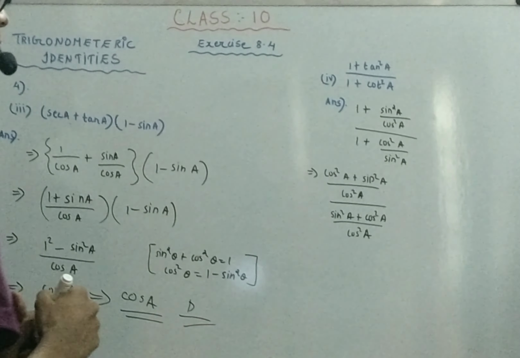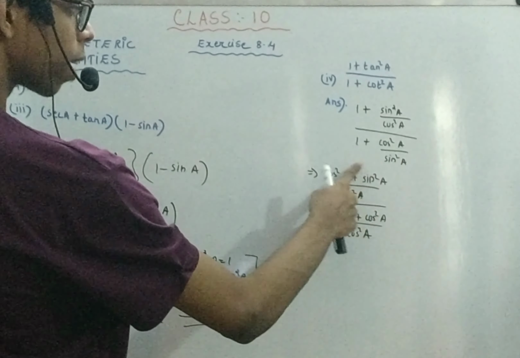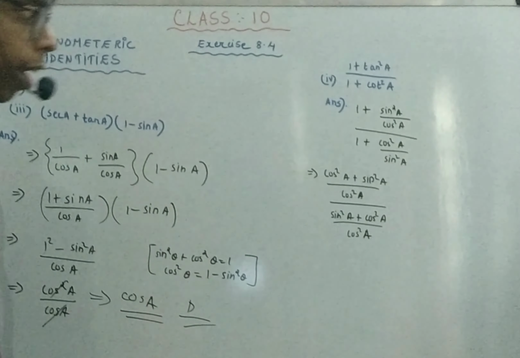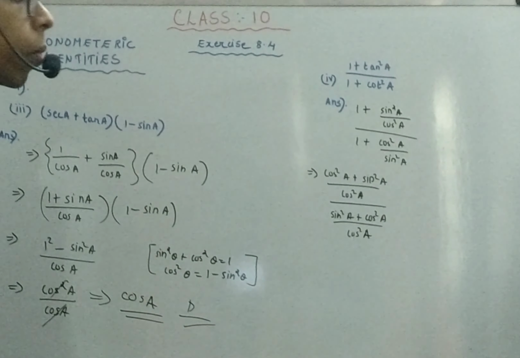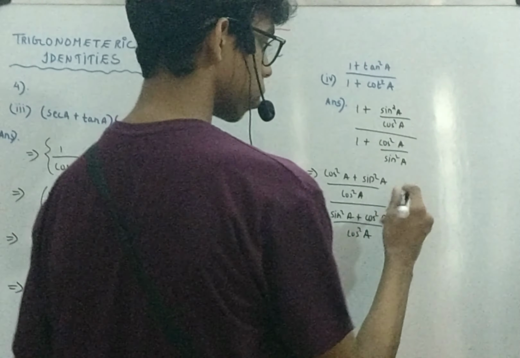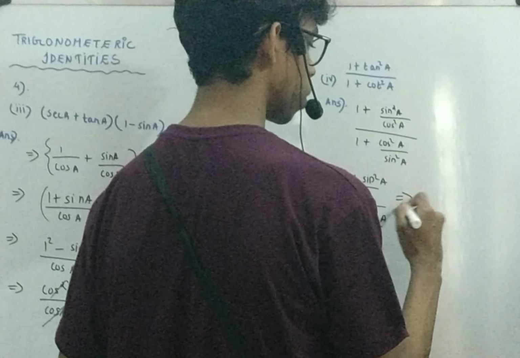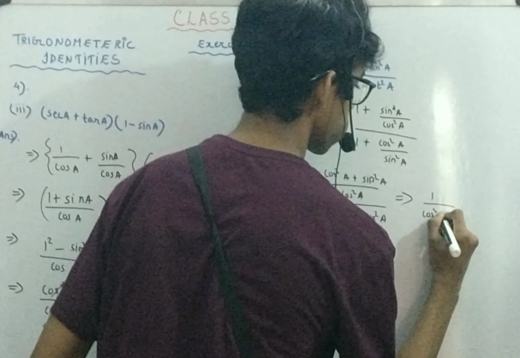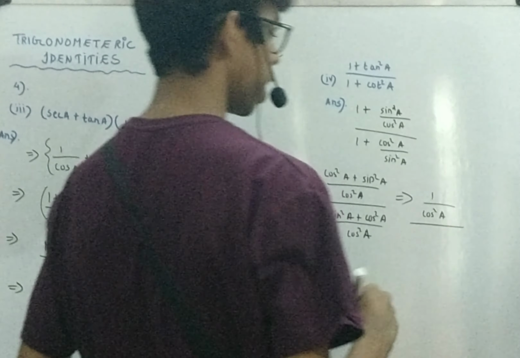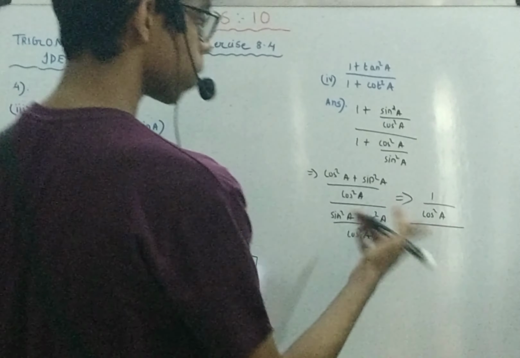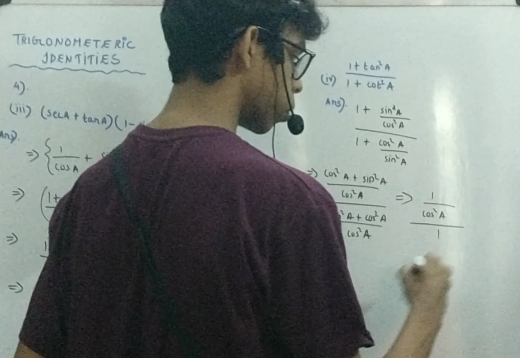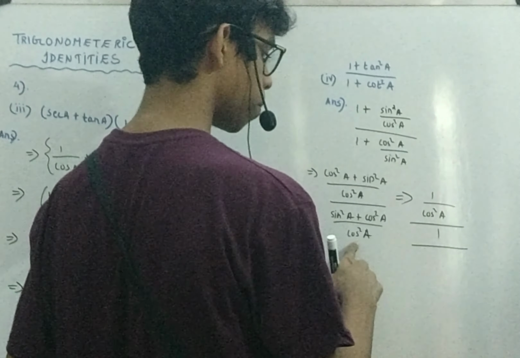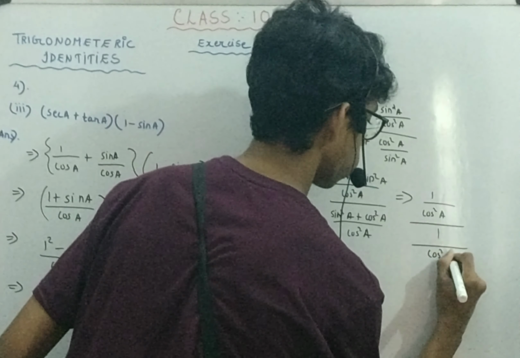Now if you see here, in the numerator cos square a plus sin square a is cos square theta plus sin square theta. So we know sin square theta plus cos square theta is equal to 1. So 1 divided by cos square a, the whole divided by sin square theta plus cos square theta, again equal to 1, the whole divided by sin square a.